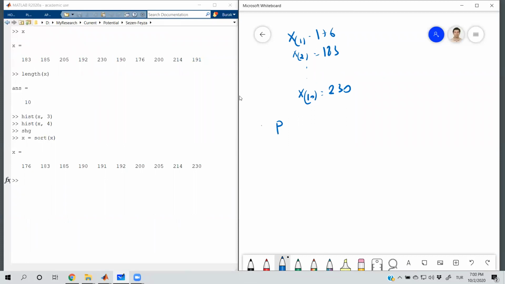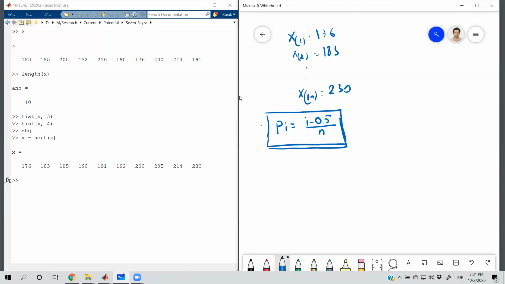The only difference between percentile and quantile is we multiply a quantile by 100 and we determine the percentile. Anyway, the quantile of the ith observation is going to be determined by this very simple formulation. This is general for any sample size. We are going to be using this.